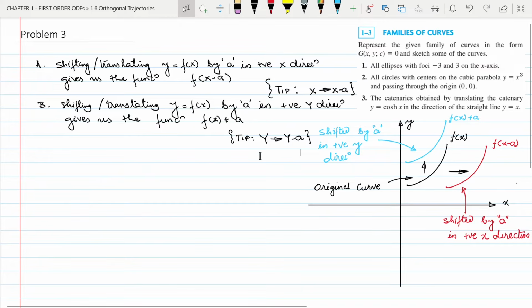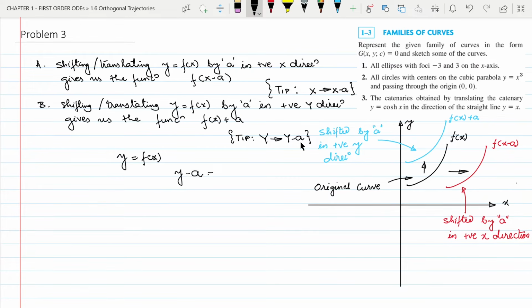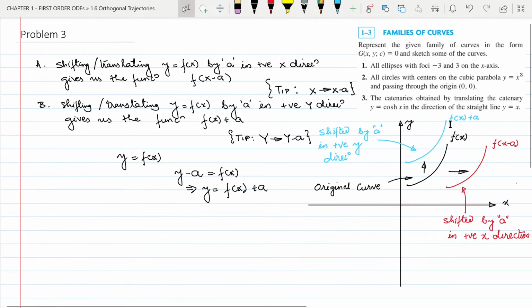Here is another tip: just replace y with y minus a in the function and you will get the result. Let us see how to do it. We have y equal to f of x, and for shifting it in the positive y direction we will replace y with y minus a. That will give us y minus a equal to f of x, which implies y equal to f of x plus a, which I have shown you here.